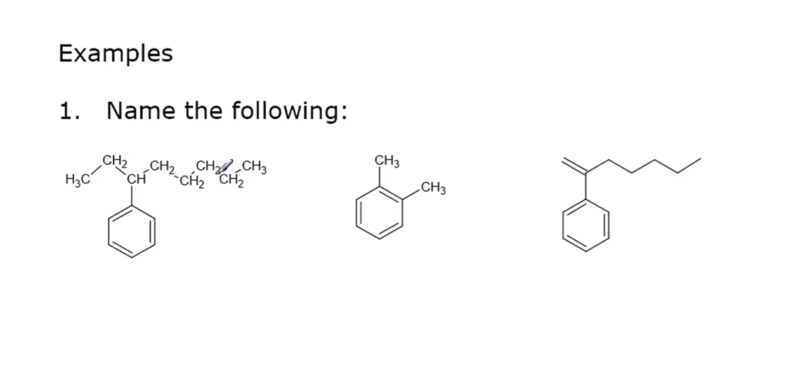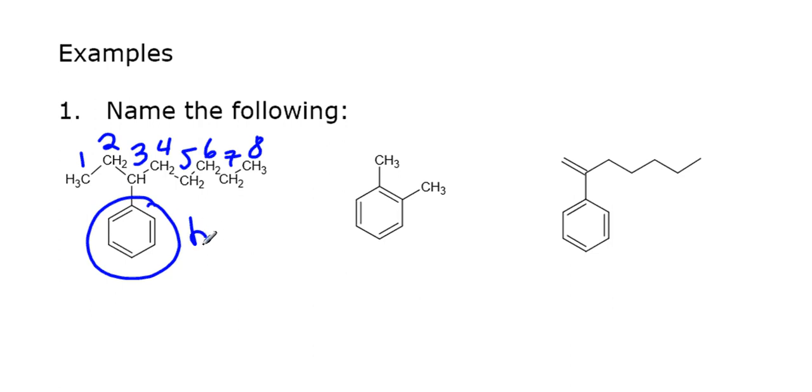Since there's only one here, I'm going to count it. 1, 2, 3, 4, 5, 6, 7, 8. The chain is 8 carbons long. Benzene ring is only 6 carbons long. So which one is longer? My carbon chain here is longer.